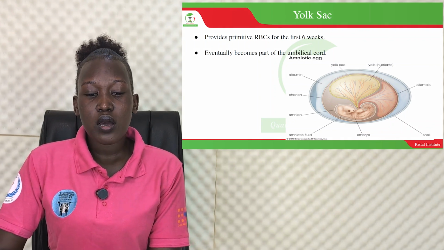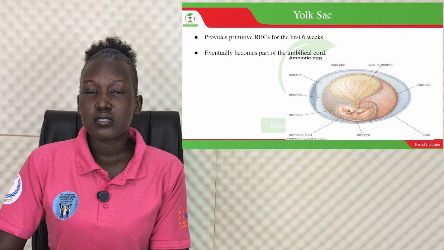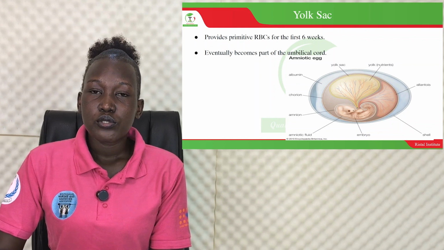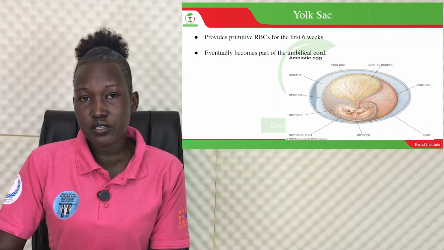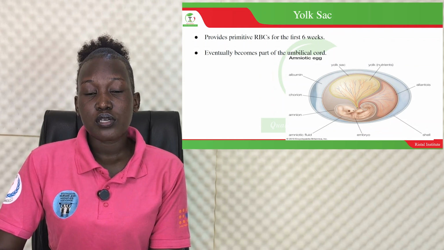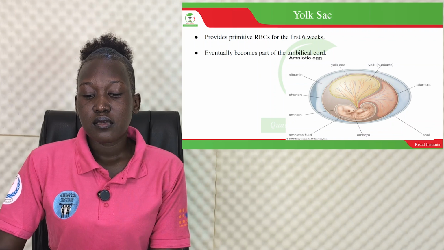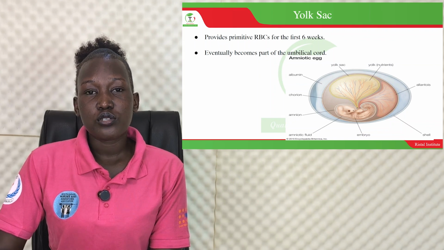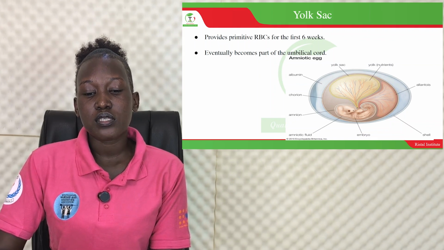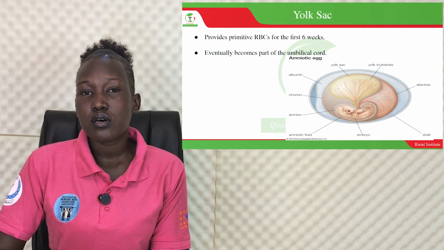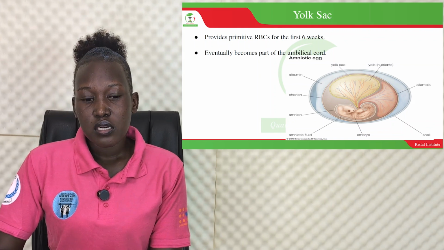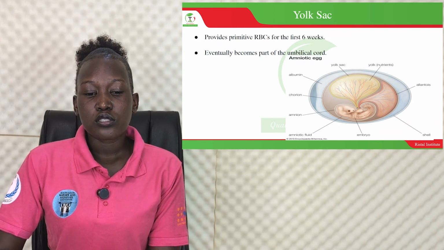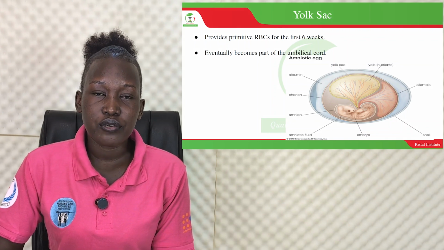Its work is to provide nutrients to the embryo in the early stages. Remember, the placenta is not yet there. So where does the embryo get its nutrients from in the first 6 weeks? From the yolk sac. Later, as the placenta forms, the yolk sac becomes part of the umbilical cord.